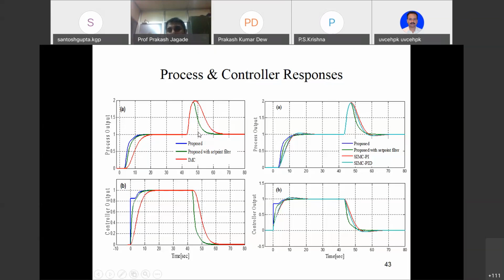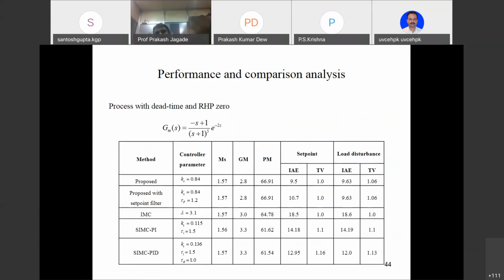This is for IMC. Similarly, we have compared SIMS PID and PI. Here again, our proposed scheme outperforms SIMS PI and PID. We tried it on various other transfer functions, a process with dead time and a zero lying on the right hand side of the plane.